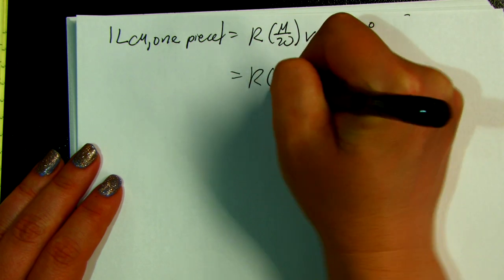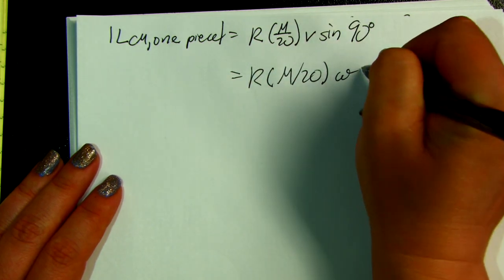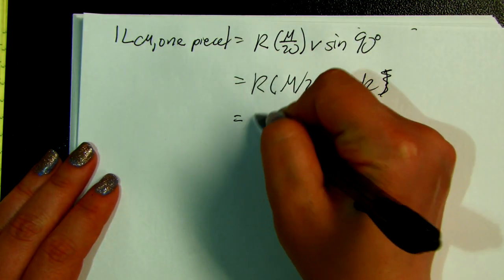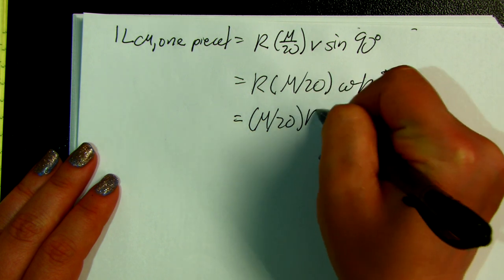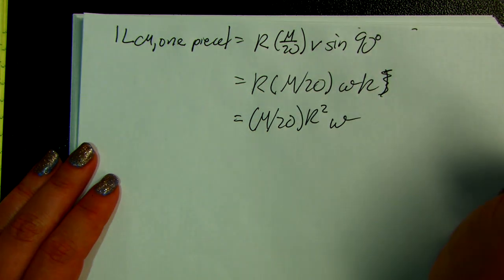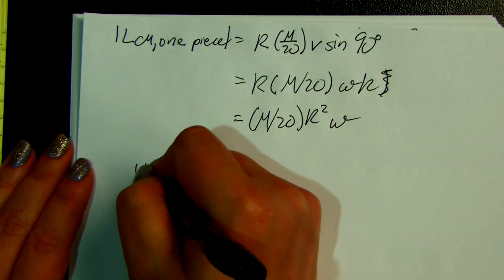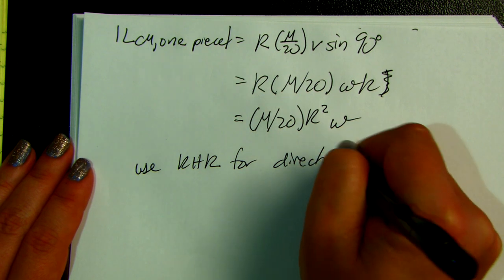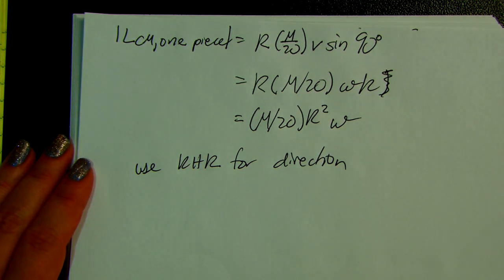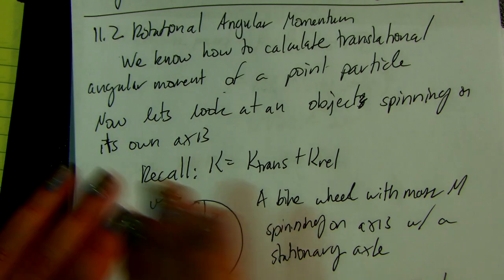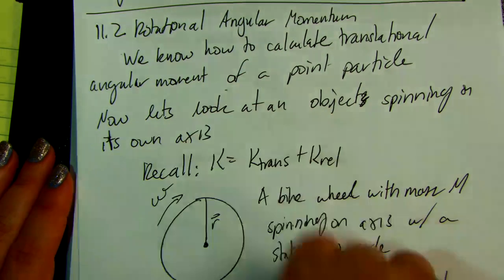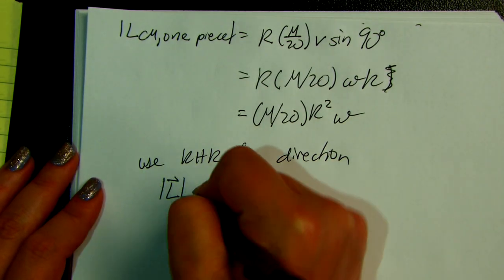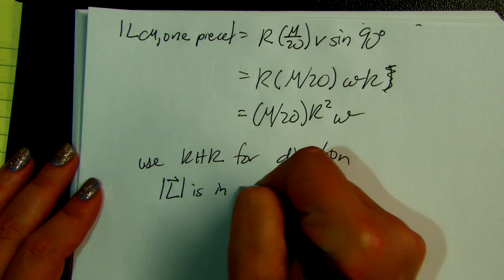This is equal to r m/20 omega r, which is equal to m/20 r squared omega. And if we use the right-hand rule for direction, in the original drawing we can see that it's spinning in this direction, curve our right hands, negative z. So we know that our angular momentum is in minus z.